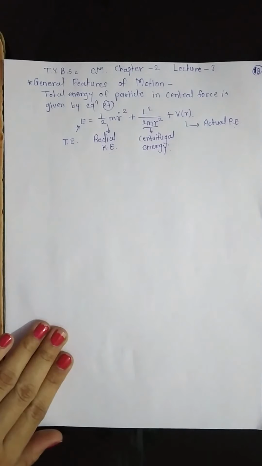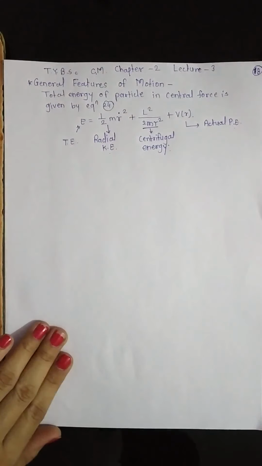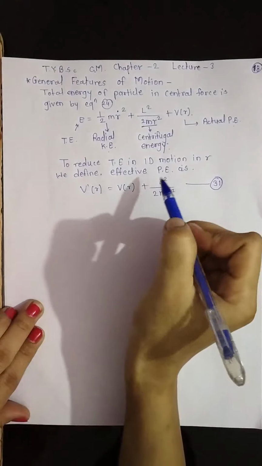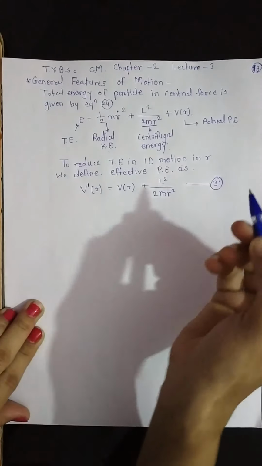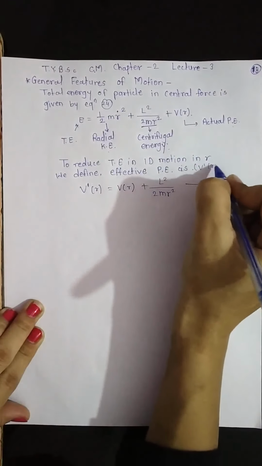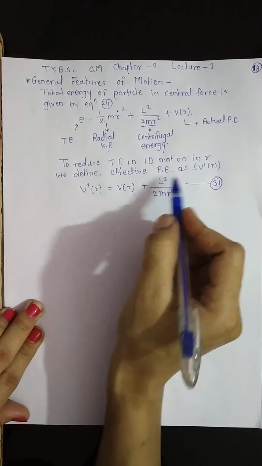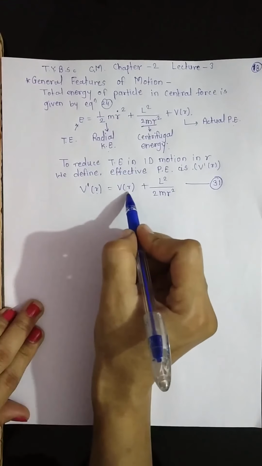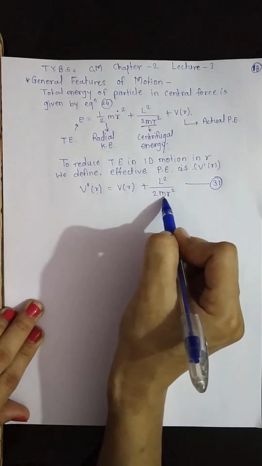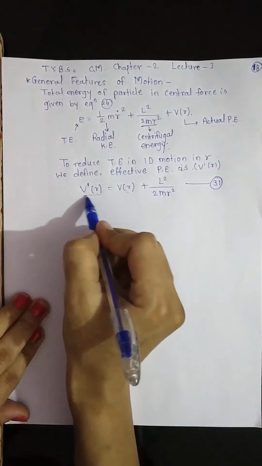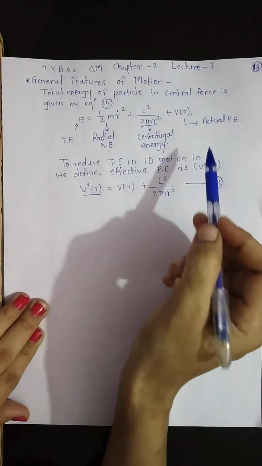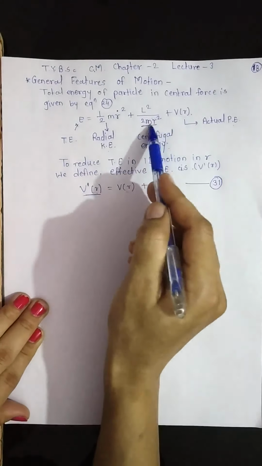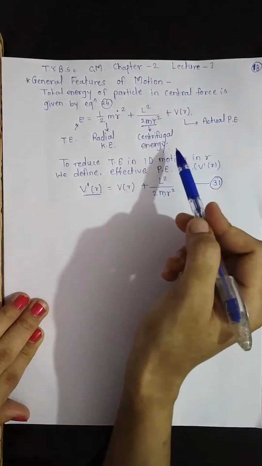To reduce it, we have to define an effective potential energy. It is denoted by V dash of R. The symbol to denote effective potential energy is V dash of R, and this is the actual potential energy and this is the centrifugal energy, because effective potential energy means the total or overall potential energy, which is the sum of these two energies, that is actual potential energy and centrifugal energy.